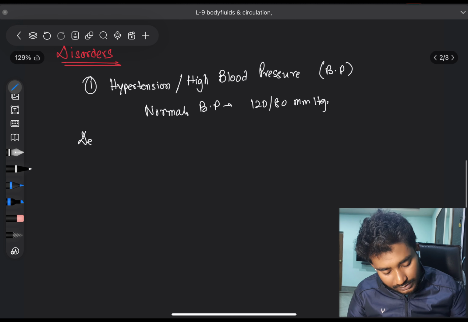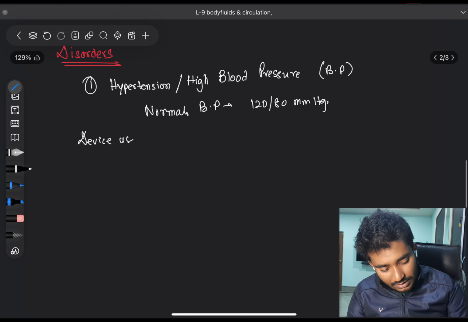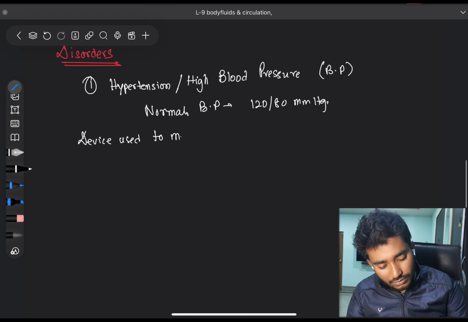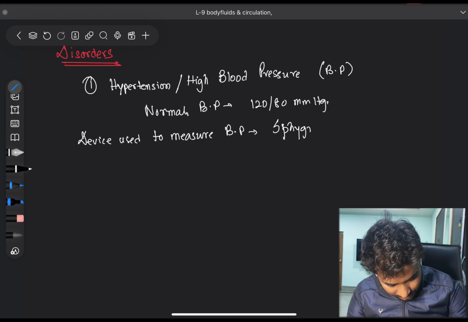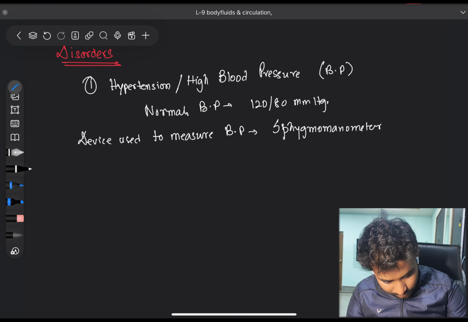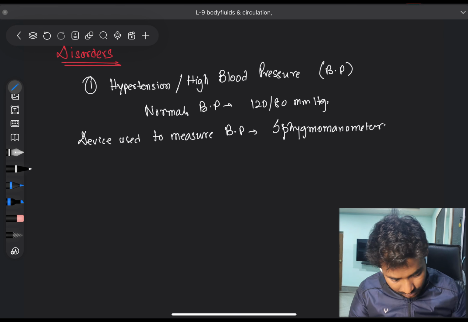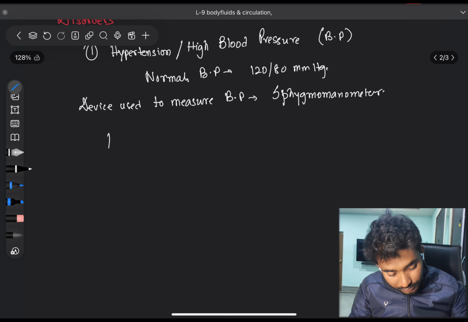The device used to measure BP is called a sphygmomanometer.